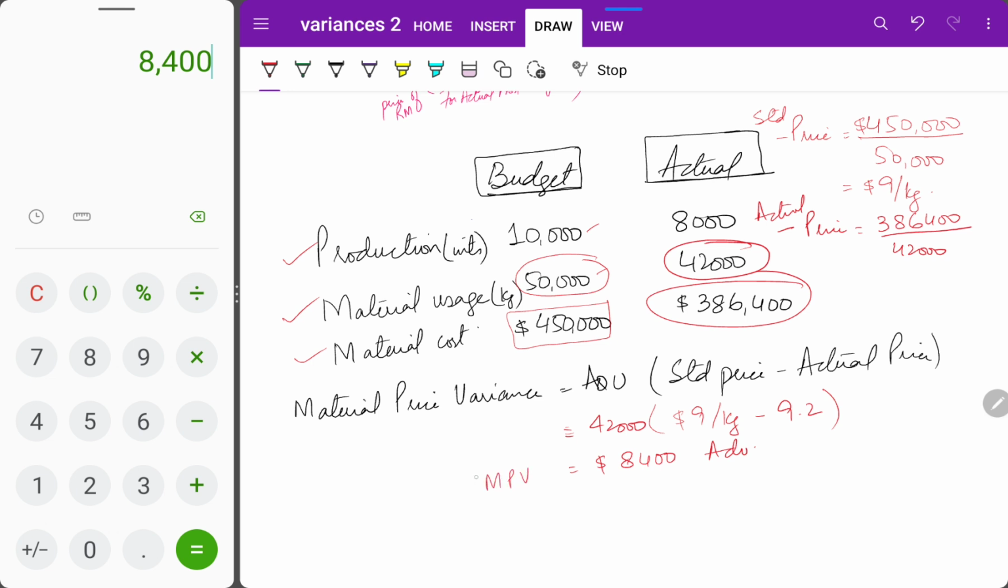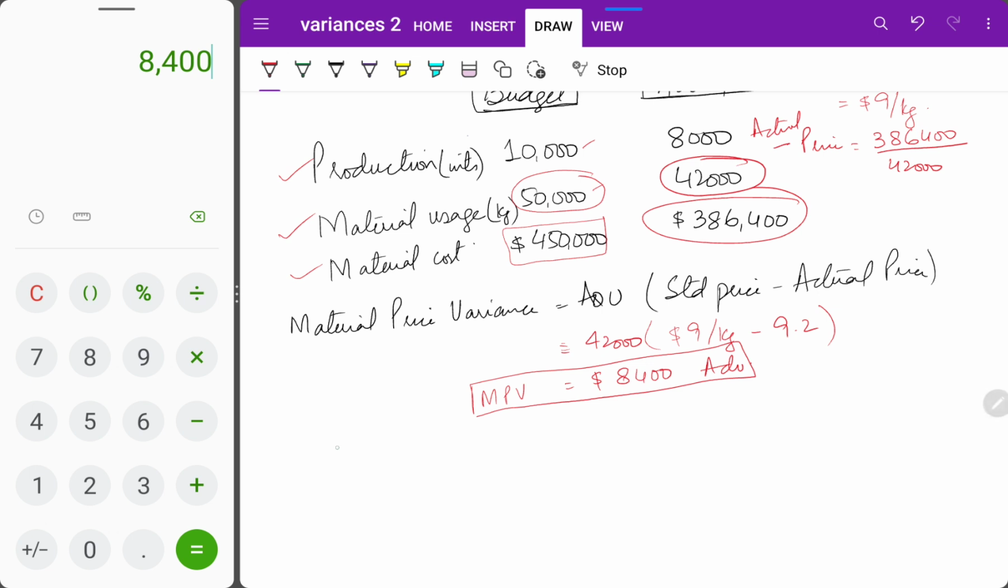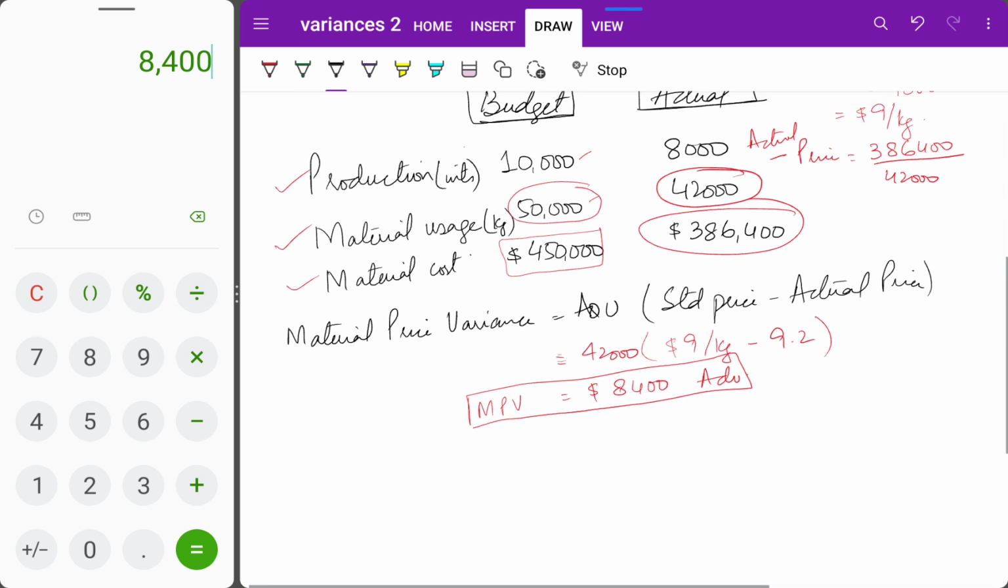This means that just because you bought expensive raw material, the overall damage is $8,400. Now let's calculate material usage variance. There is a very common mistake here which the majority of students make.